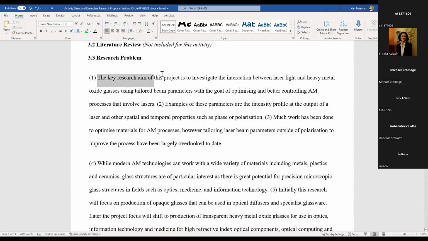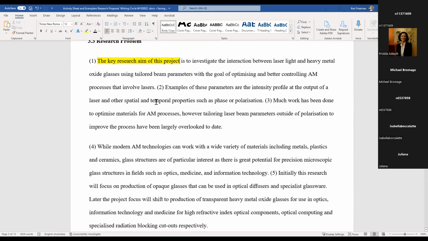So that's quite a lot in there, but I think it's pretty good. The key research aim, it's engaging the reader. Examples, yep. So we are not in this field of study, so it's okay. We're not always going to understand exactly, but the writer will give us more information.